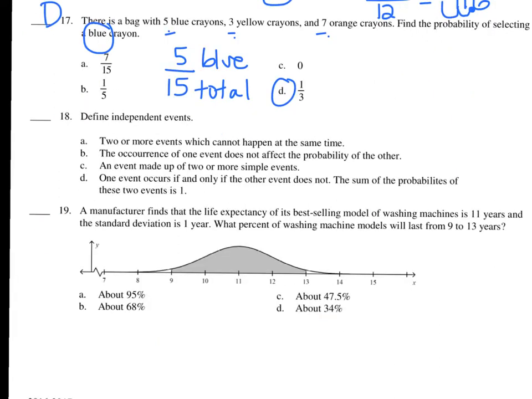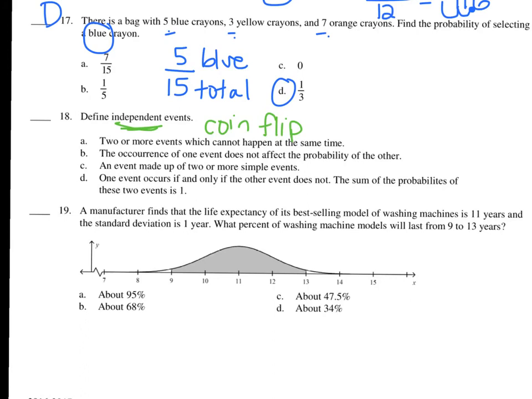We talked about a couple different examples of independent and dependent events. Independent events would be like a coin flip. When you flip a coin one time, that in no way affects what's going to happen on the second flip at all.